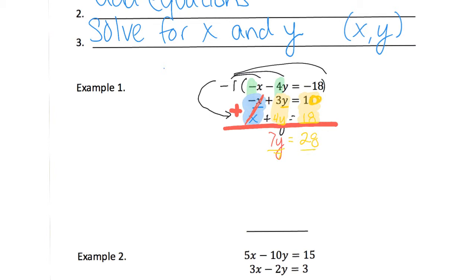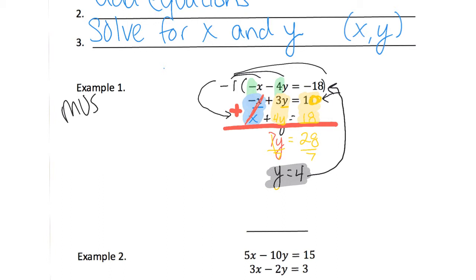And now I can solve this. Divide both sides by 7. y is equal to 4. So now that I have y is equal to 4, I have to plug it back in to either one of my originals.